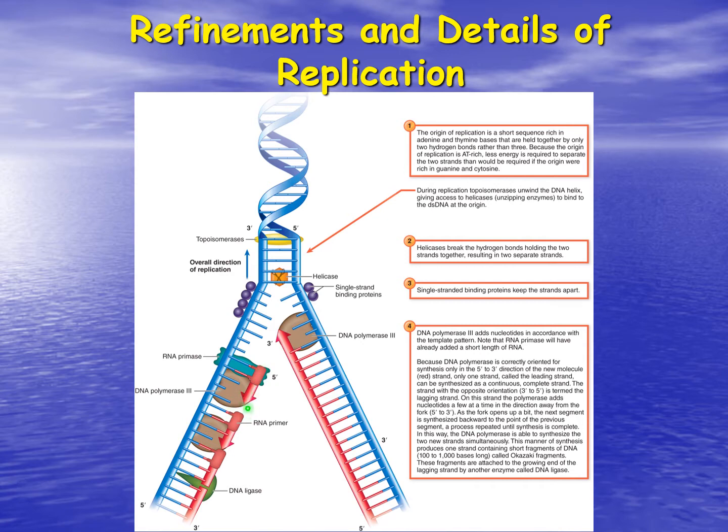But then we run into the previous RNA primer, and that will kick our DNA polymerase off. Eventually, another DNA polymerase I will come in and remove the RNA primers, and then DNA polymerase will fill in all of the extra DNA nucleotides, and ligase will seal up the backbone.